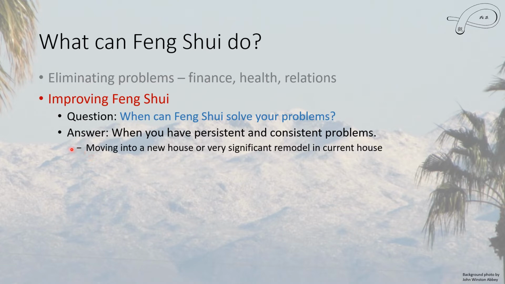There are certain times when you're more likely to experience problems with Feng Shui. One is moving into a new house, especially if you have not had its Feng Shui analyzed. But you can also have this happen in your current house if you do a very significant remodel. And by this, I mean you've moved rooms around.